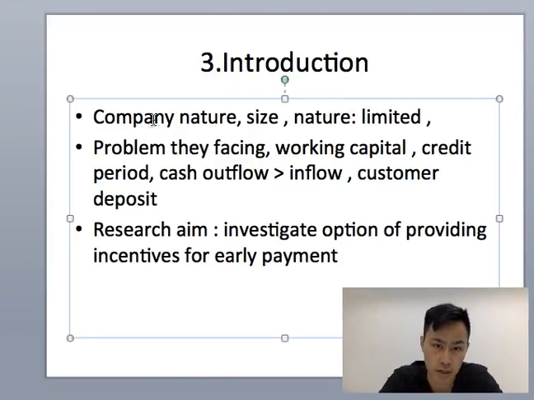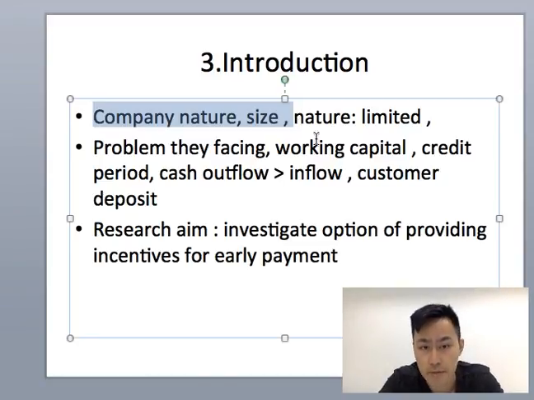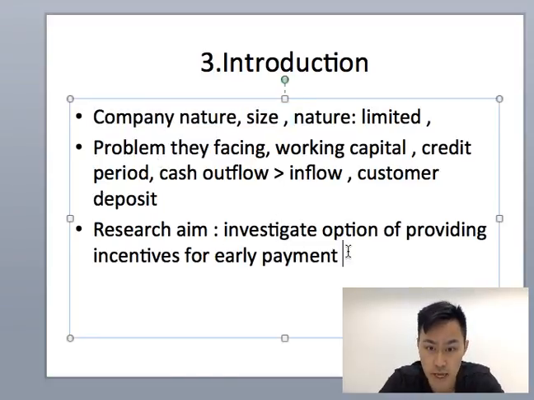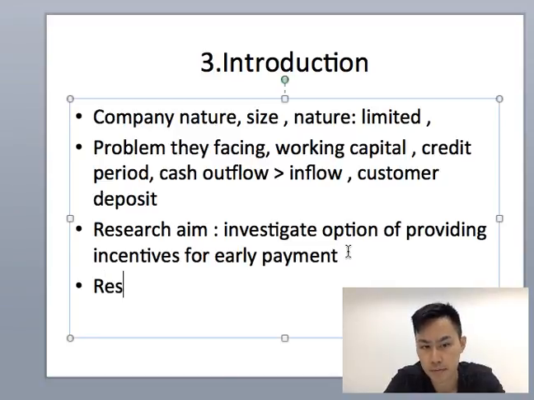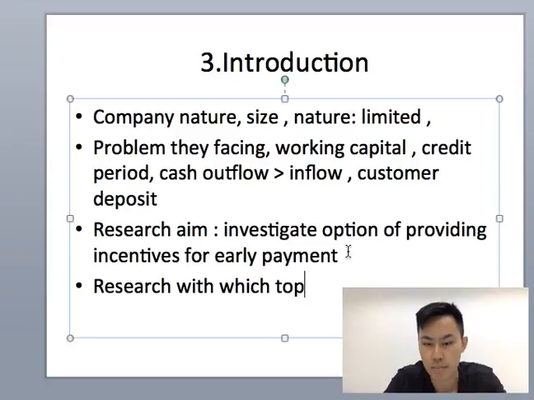So you have to mention the company nature, make sure the IB examiner knows what you're evaluating, and also the problem the company is facing, right? And also mention the research aim again. And then finally, you have to mention how the research is connected with the topic. Which topics, right? Connected with which topics.